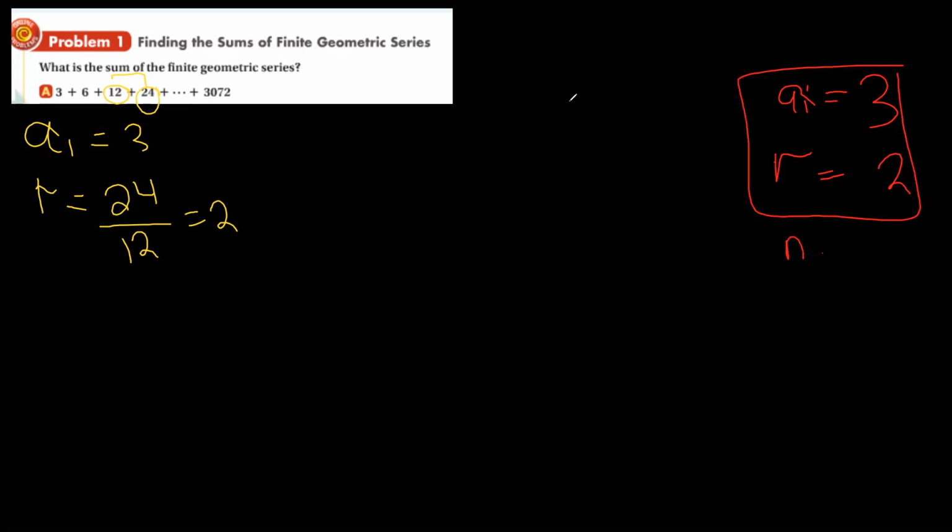But I also need the number of terms. Do I know how many terms there are if you look at this sequence? No, I don't. But I can find it by using the last term that's given to me. I will name this last term A sub n.